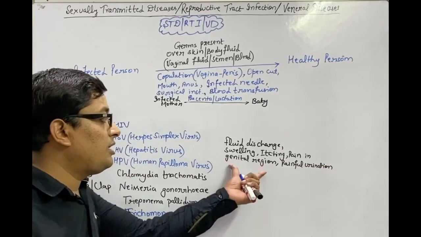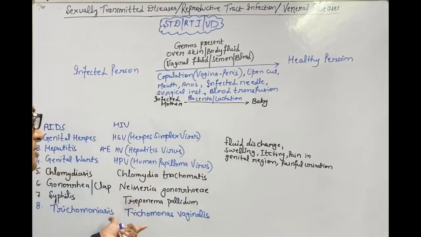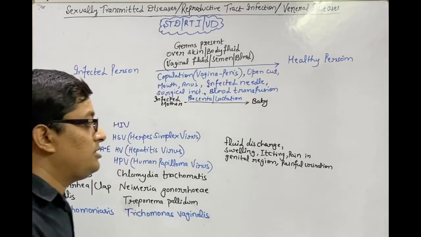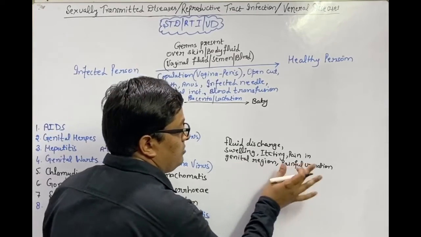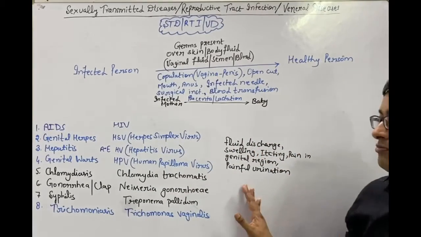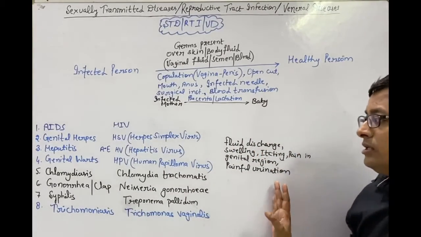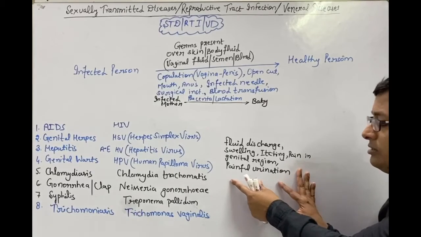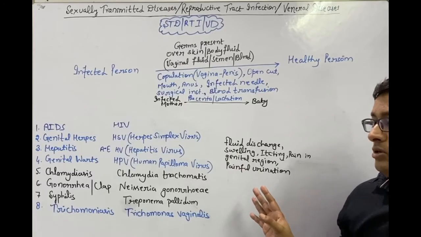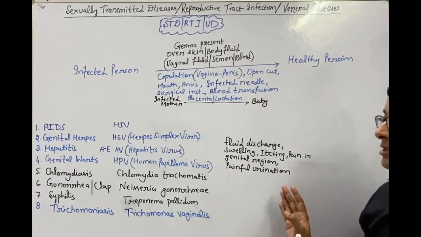These are the early symptoms. Some of the diseases also lead to a decrease in immunity, so disease resistance capacity gets lowered. Infected females may often be asymptomatic, so these diseases are not detected for a long time.